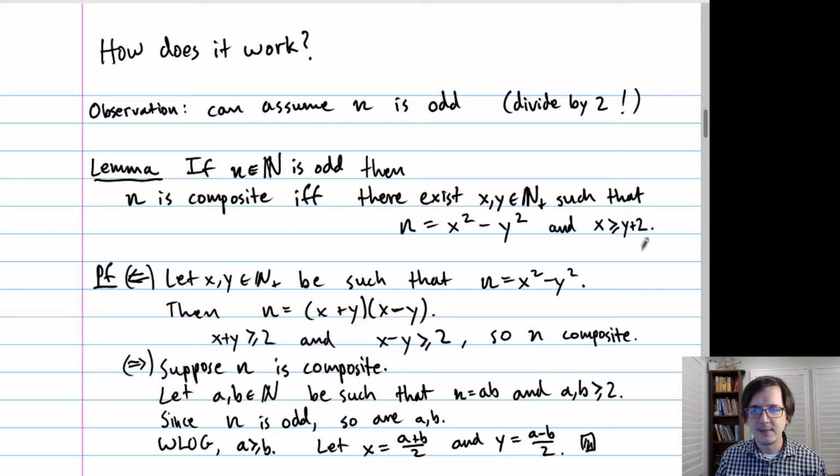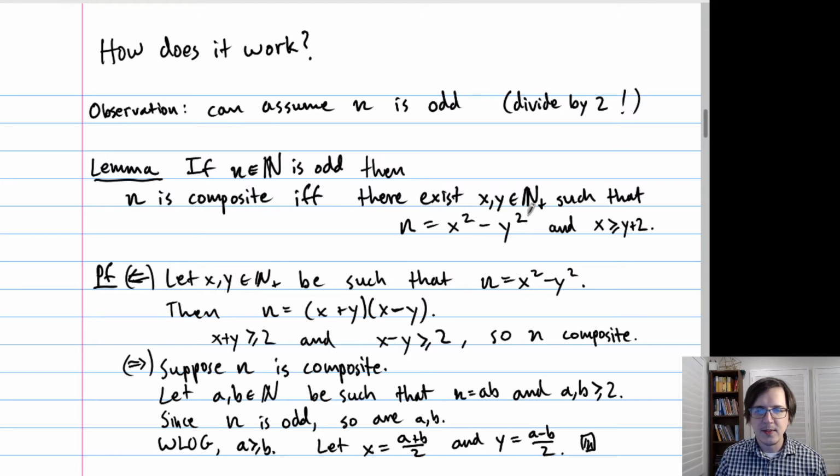One thing is we do need x to be bigger than y, otherwise this will be negative or 0. And we'll see why we want the plus 2 instead of just saying x is greater than y. Okay, so let's prove it this way first.